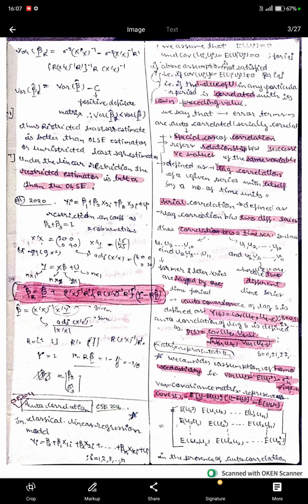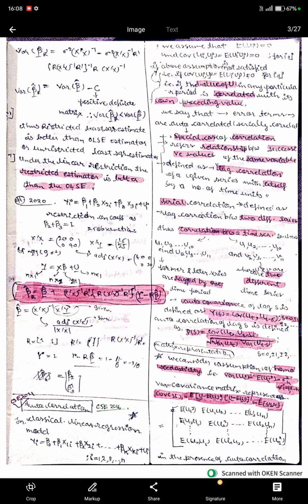Matrix representation. We consider the assumption of homoscedasticity, that is, variance of ui equals expectation of ui square equals sigma square u for all i taking values 1, 2 and so on to n. Variance covariance matrix representation.